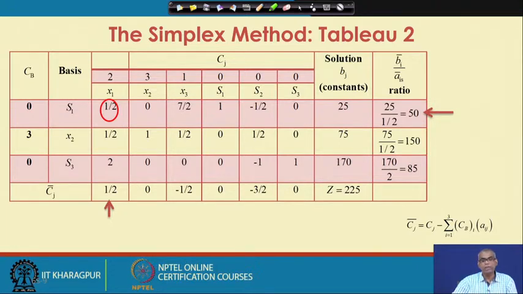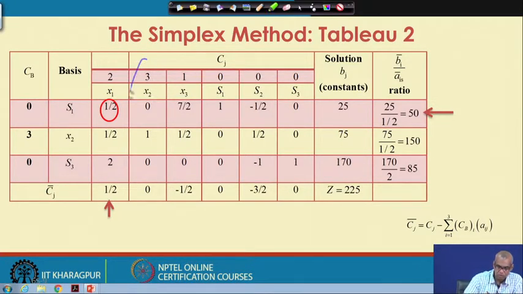So, this is what you will get in tableau 2. Note, we have 1 here and 0 elsewhere in the column.